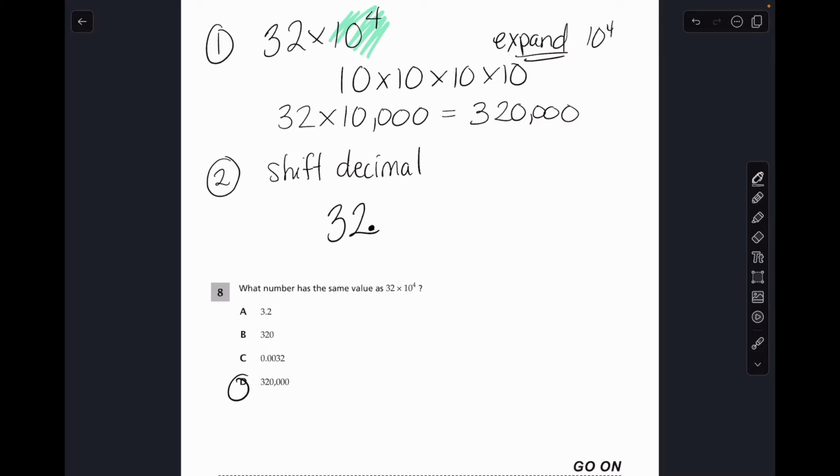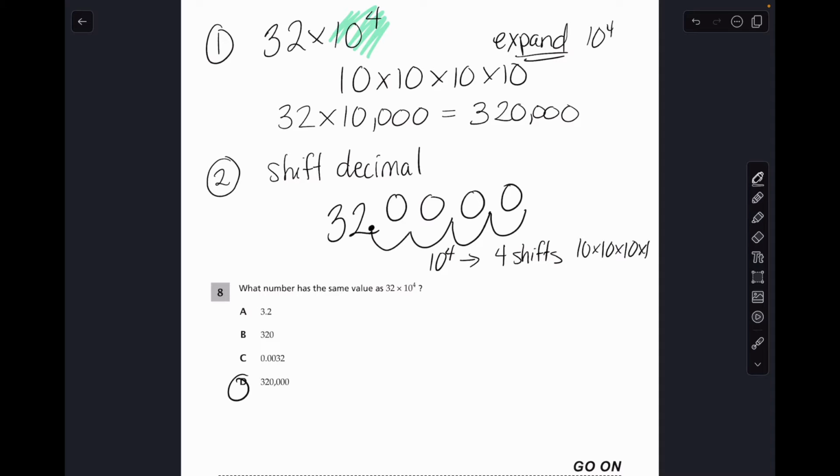So this is 10 times bigger, or 10 to the 1st, 100 times bigger, 1,000 times bigger, 10,000 times bigger. So notice I made 4 shifts. 10 to the 4th means I made those 4 shifts, because again, 10 times 10 times 10 times 10. So I made it 10 times bigger 4 different times.